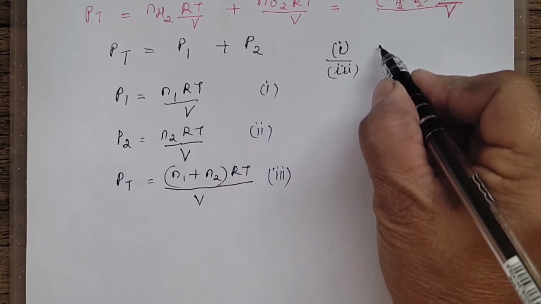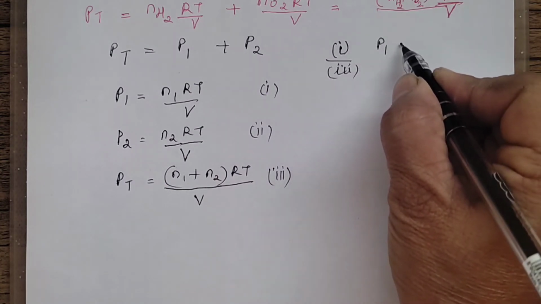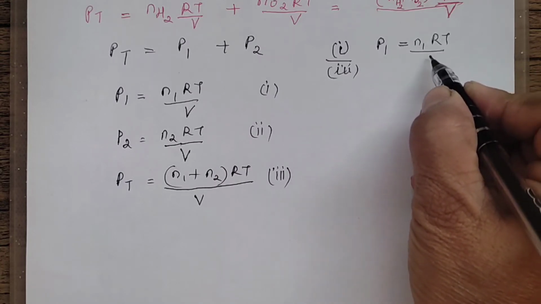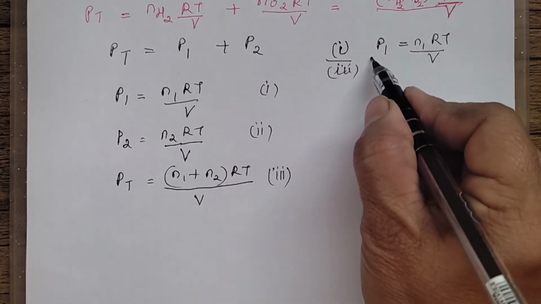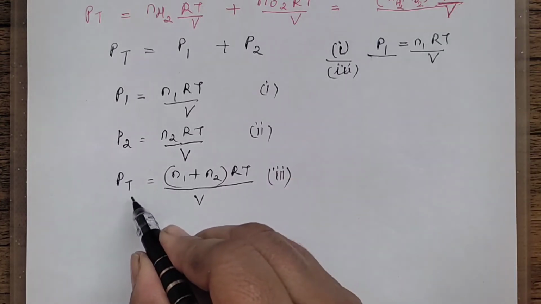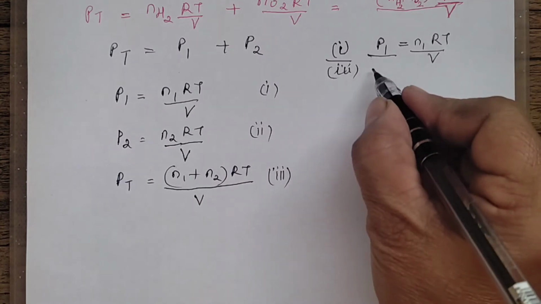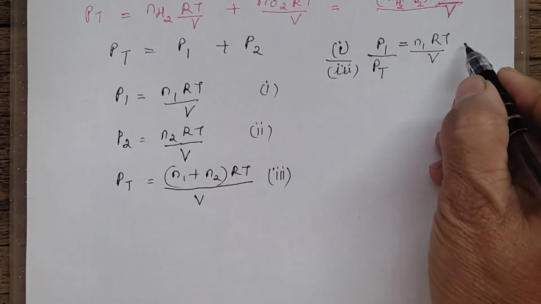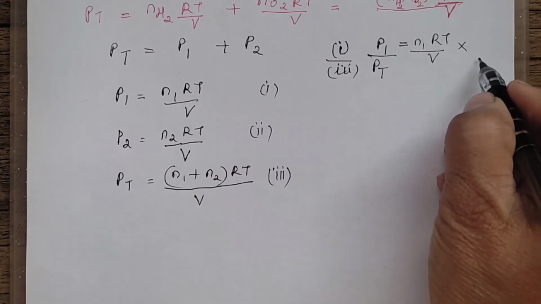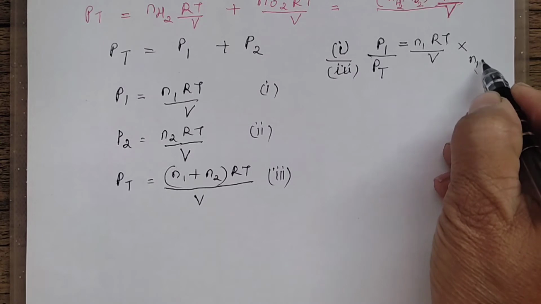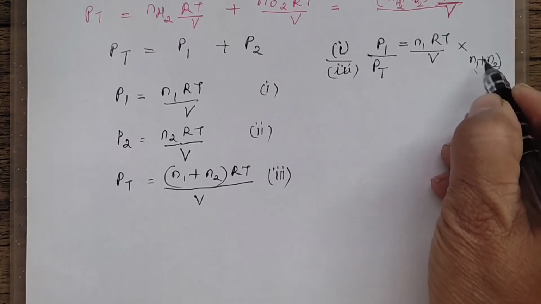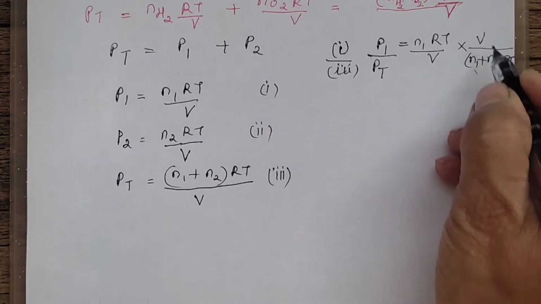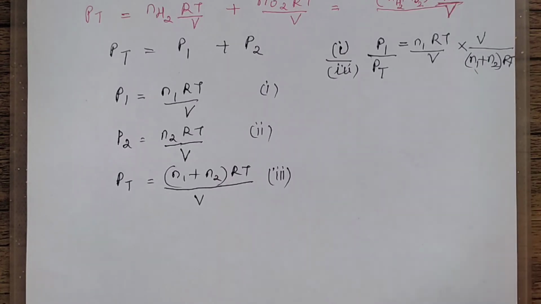The first equation is P1 is equal to N1 R T by V, divided by the third equation, which is P total equal to N1 plus N2 RT by V. When I'm dividing, this RT will be in the denominator, N1 plus N2 will be in the denominator, and V will go in the numerator. So we can cancel out certain things.